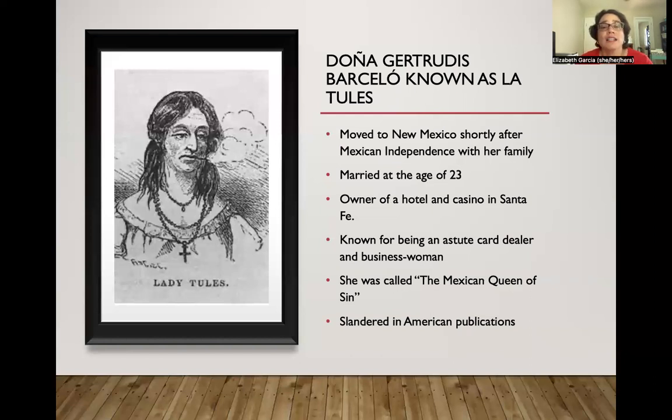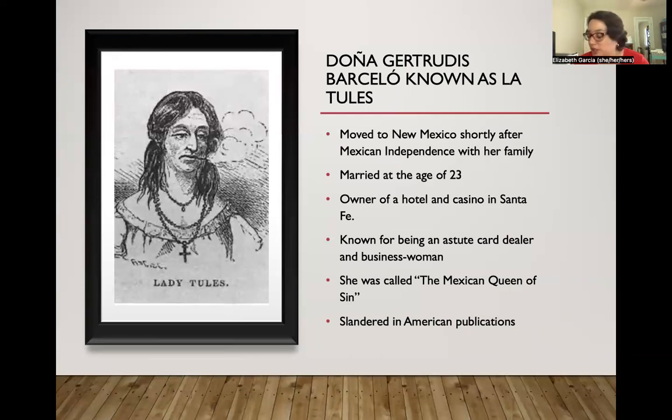So at different times, you're going to see me highlight some women's history that may not be found in your text. This is one particular example: Doña Gertrudis Barceló, who was known at this time as La Tules. She moved to New Mexico following Mexican independence with her family.